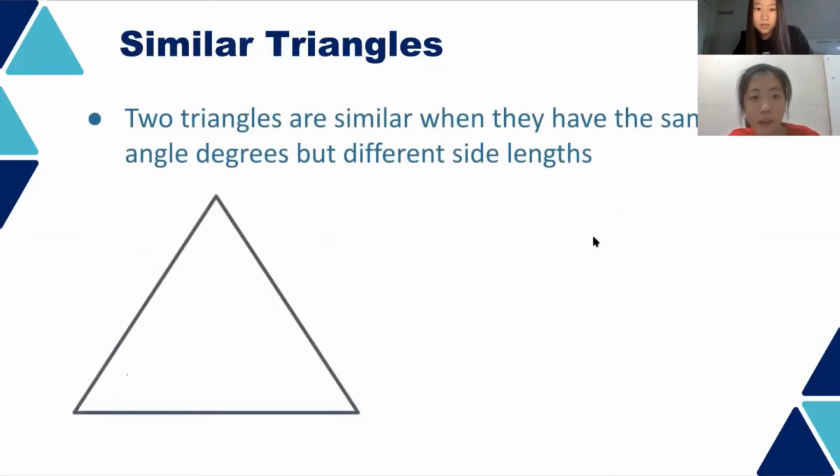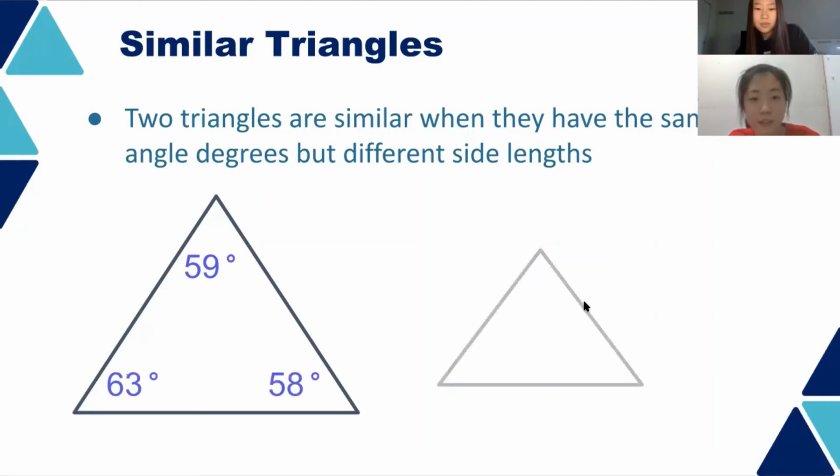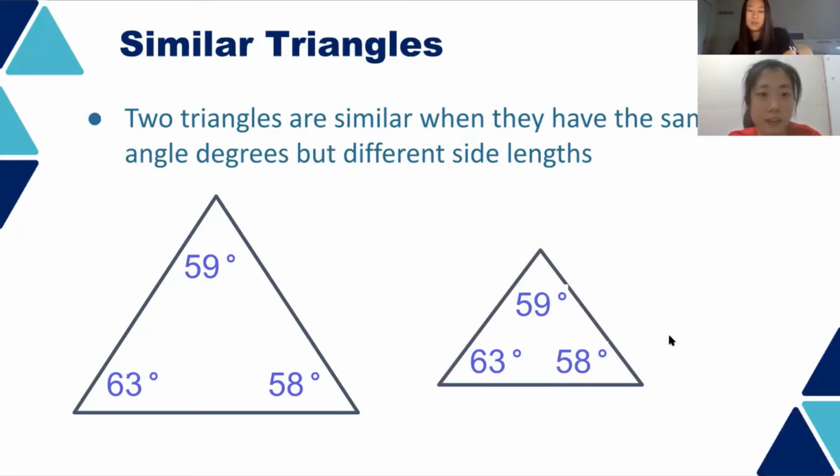Similar triangles are two triangles that have the same angle degrees, but different sides. As you can see in these two triangles, they have similar angle degrees. This angle is 59, and over here it's the same thing, also 59.